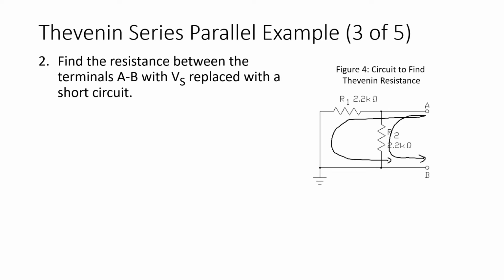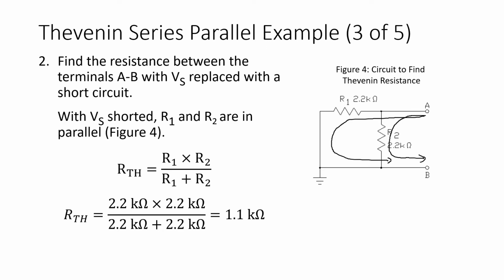So with respect to the terminals A and B, resistors R1 and R2 are in parallel. So the Thevenin resistance is equal to the parallel resistance of R1 and R2. We can calculate that using the product over sum, R1 times R2 divided by R1 plus R2, which gives us a value of 1.1 k ohm.